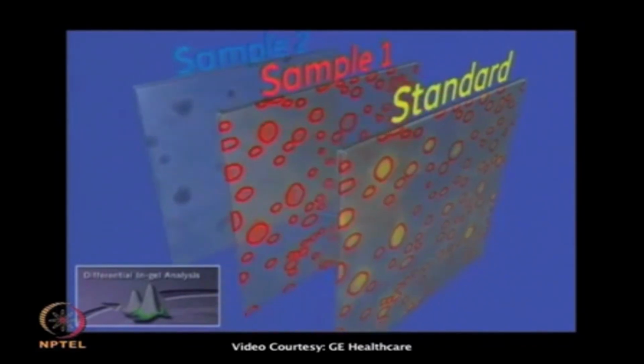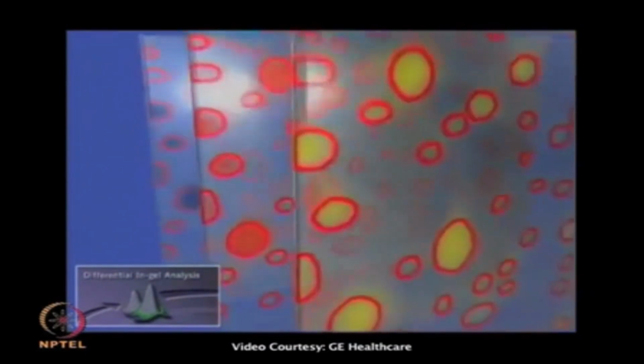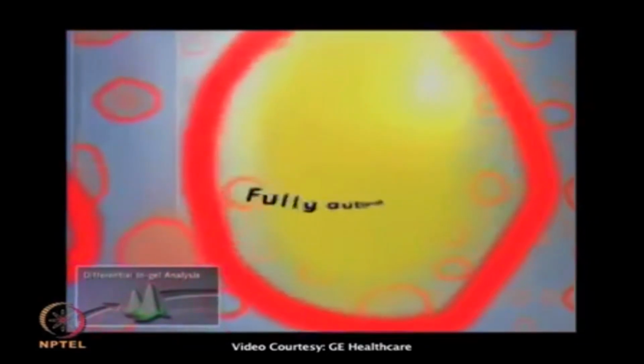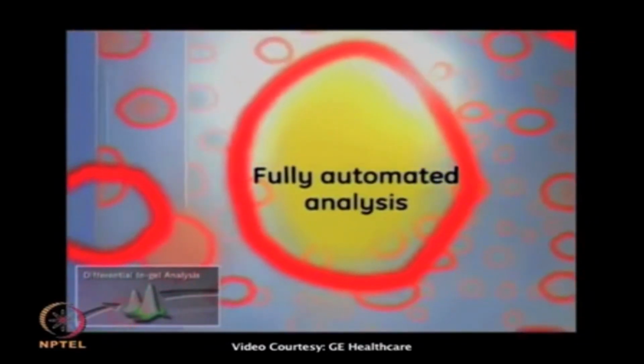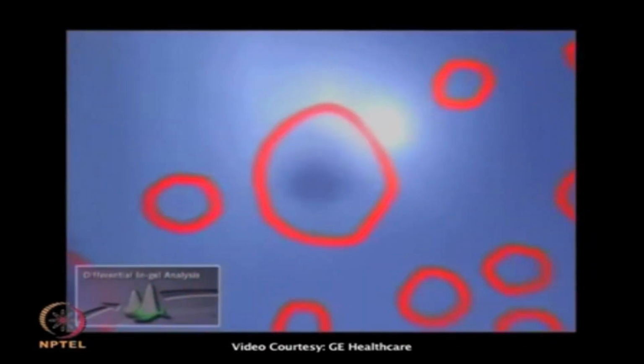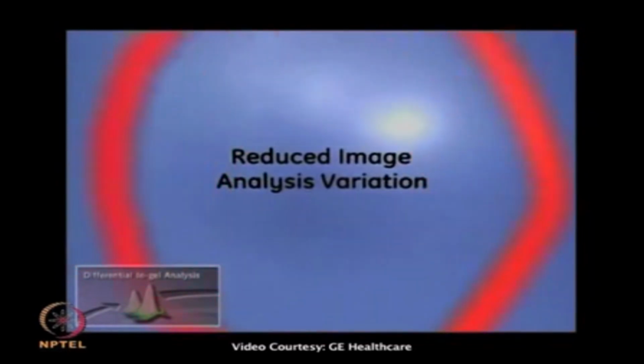From the same area we are expanding the remaining two images also, so that the artifact can be minimized. Again, this is fully automated analysis. There will be very little manual interference in this analysis.